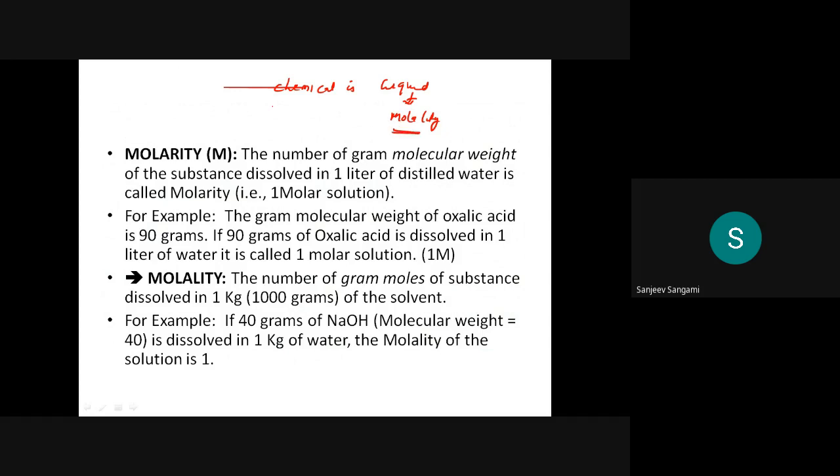But if it is in powder or solid form, then normally N and M we will use.